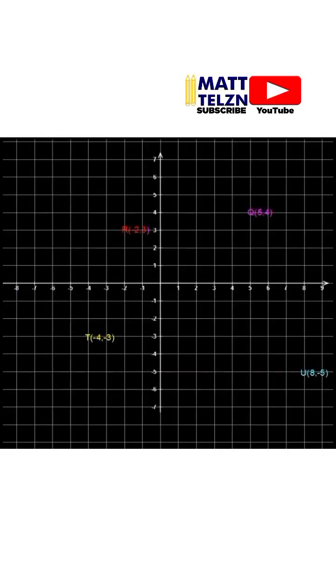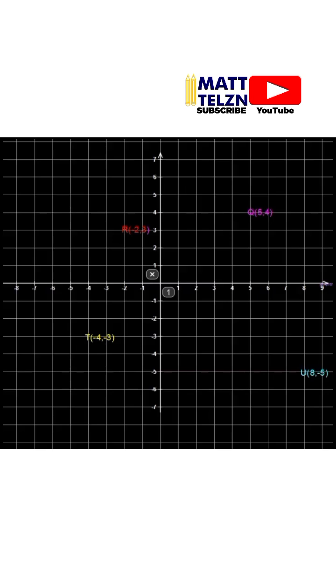Let's see how we can determine the position of an object using these Cartesian coordinates. Now we need to understand this coordinate. You see, from left to right is known as the x-axis, and the x-axis is also called the abscissa.